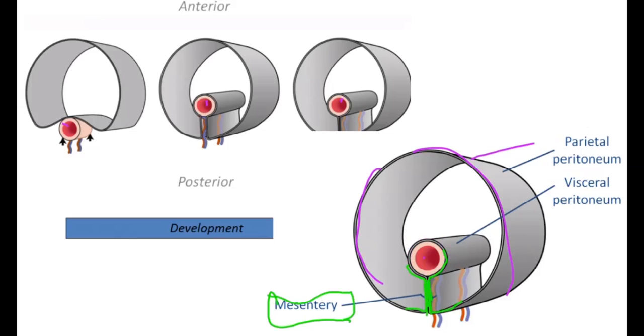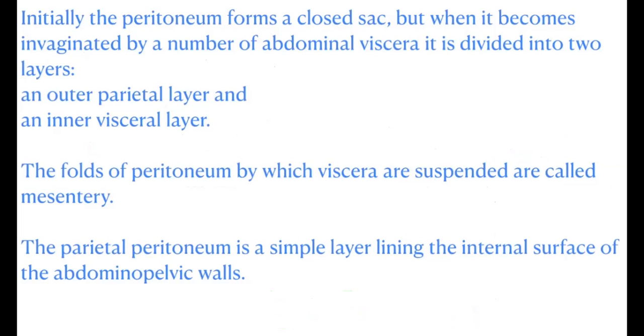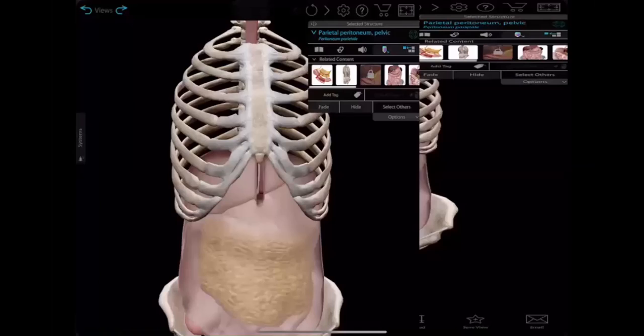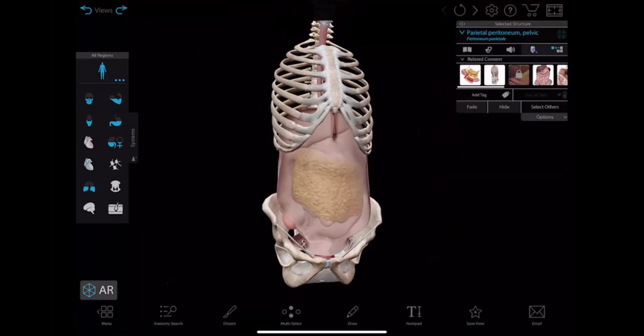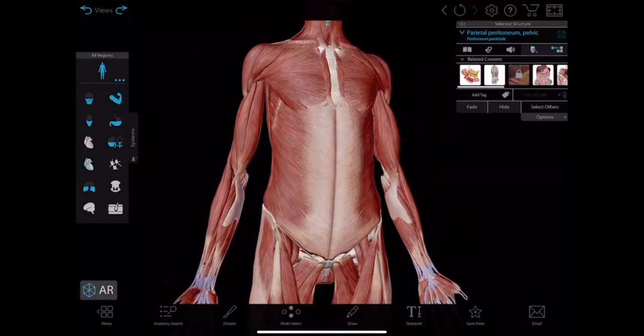Actually, the digestive organs are hung in the abdominal cavity by the mesentery. We will cover that in the coming minutes. I'll show you, we will dissect. That will be fun.